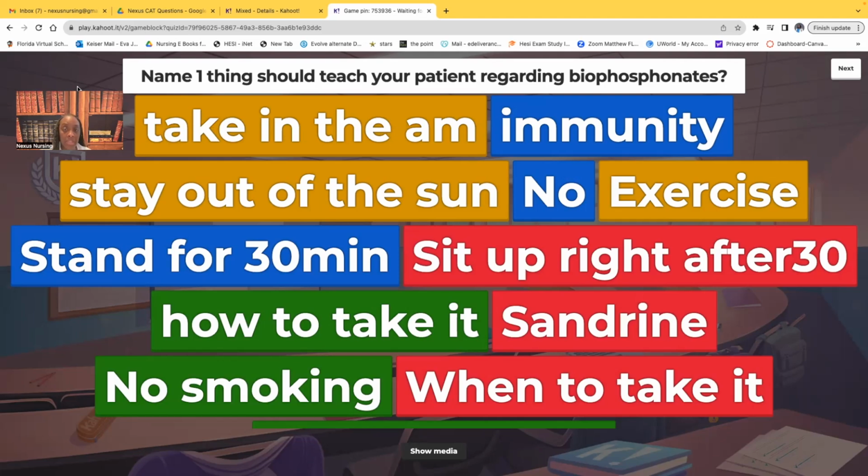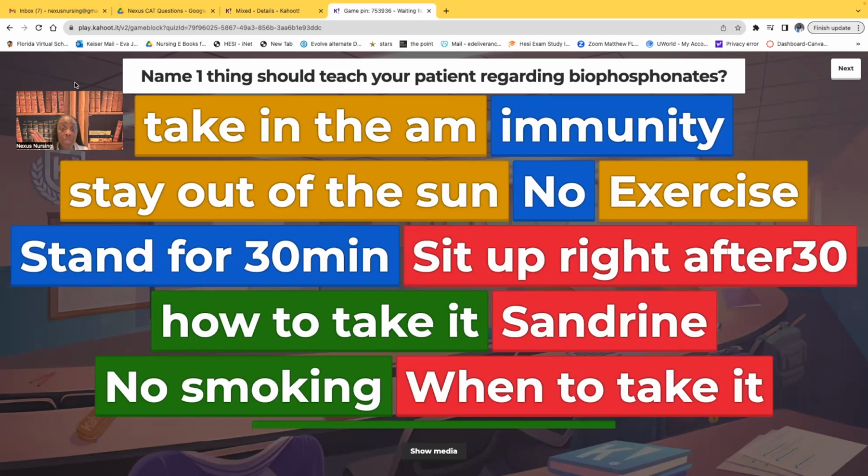This patient is taking this medication. We're going to teach them about how to preserve the bones that they have. We're going to teach them about exercise, weight-bearing exercises. We're going to teach them about vitamin D, because vitamin D helps you to absorb calcium. What else are we going to teach a patient in regards to this medication?